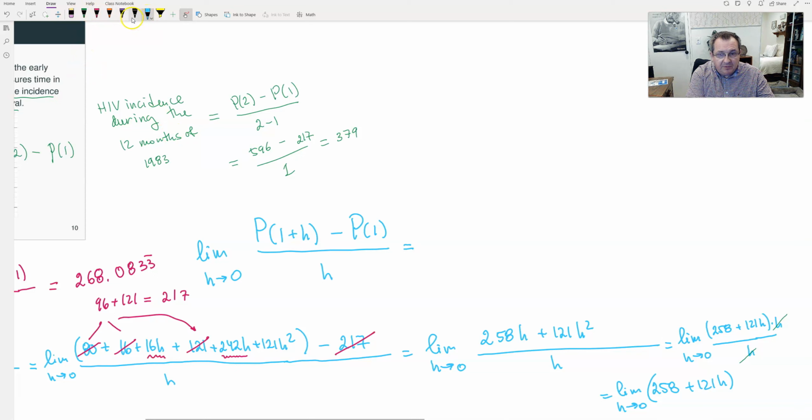Well, what's going to happen here? We will have h going to 0. So let me change the color here. h goes to 0. Therefore, in the limit, we'll have 258 plus 121 times 0, which means that the second term drops out, and we just have 258.